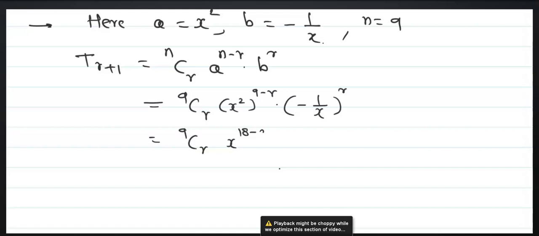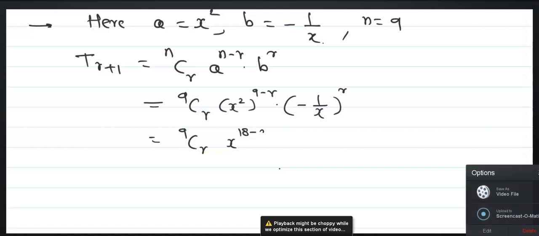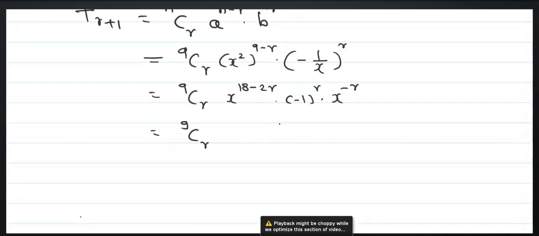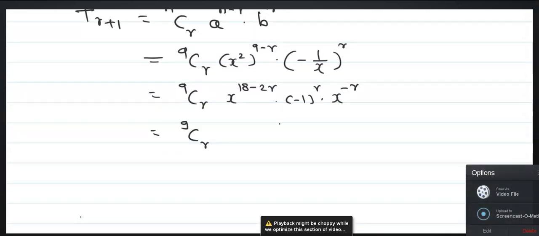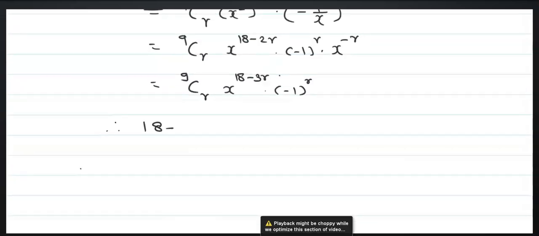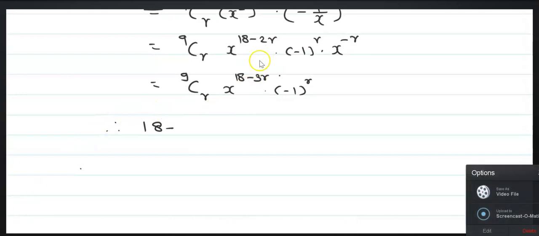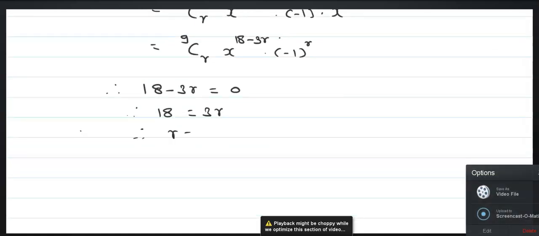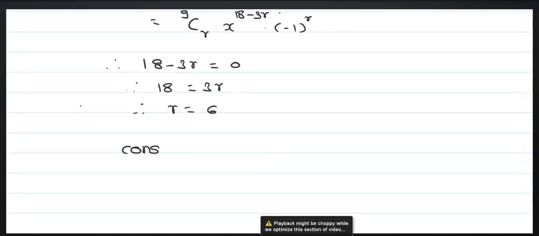Therefore 9cr, x raised to 18 minus 2r, minus 1 bracket raised to r, and x raised to minus r. That is 9cr, x raised to 18 minus 3r, minus 1 bracket raised to r, equal to 0. That is 18 minus 3r is equal to 0. Therefore 18 is equal to 3r and r is equal to 6.